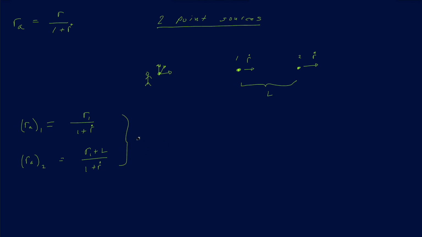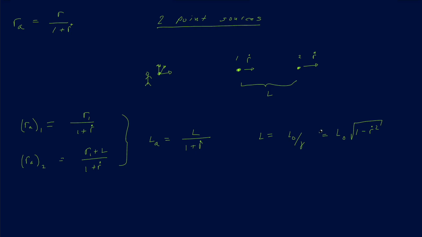And so if you subtract these, you get L sub A, the apparent length, which is RA2 minus RA1, is equal to just L over 1 plus R dot. Very good. But now we want to remember that L is the Lorentz contracted length. So L is equal to L0 divided by gamma, which is again equal to L0 times the square root of 1 minus R dot squared in the notation we're using here.